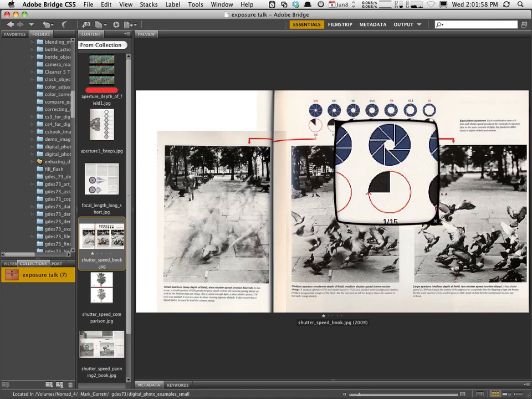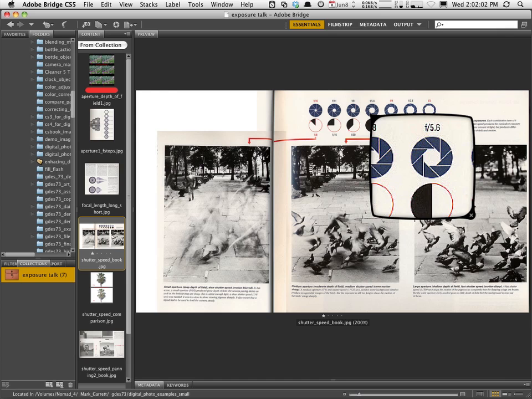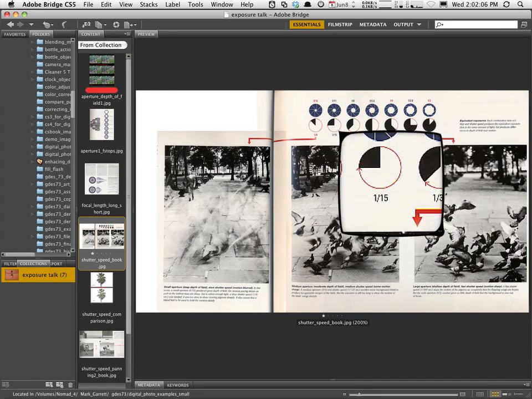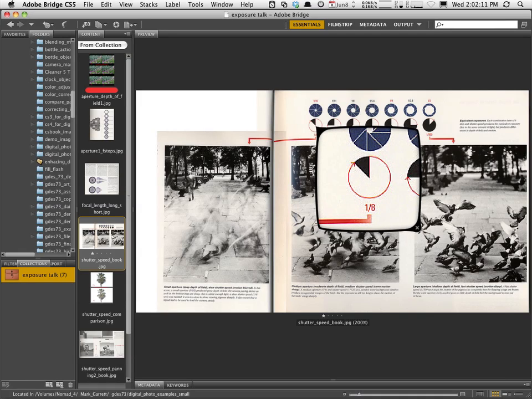This is f11 at a 15th, f8 at a 30th, f5.6 at a 60th, f4 at 125. And I don't know if I pointed this out when I talked about the shutter speeds, but they're all basically half as much or twice as much as the one next to them as well, just like aperture, whole shutter speeds anyway.